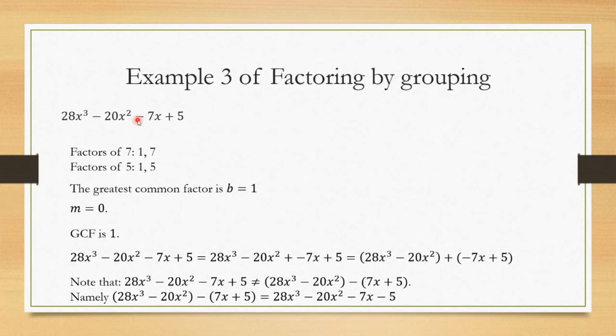Now again, I like to have addition between the second and third term. That's just me. If you don't do that, but you factor correctly, I'm not going to take points off. Why do I like to have addition between? Here, I can make this into addition by changing subtraction to adding the negative.